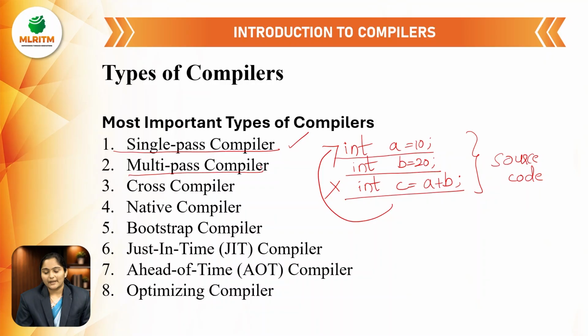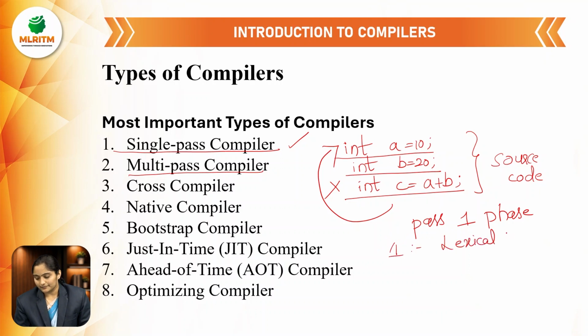Coming to the multi-pass compiler, the compiler reads the program multiple times, which means more than one time. Each pass of the compiler performs one phase of the compiler. For example, in the first pass, the compiler performs lexical analysis. In the second pass, it performs syntax analysis.